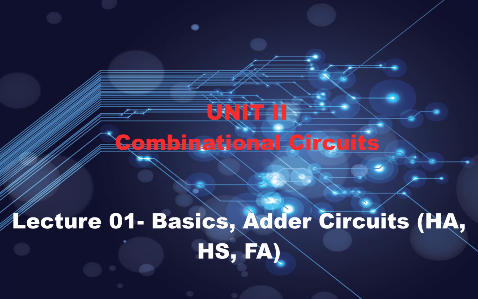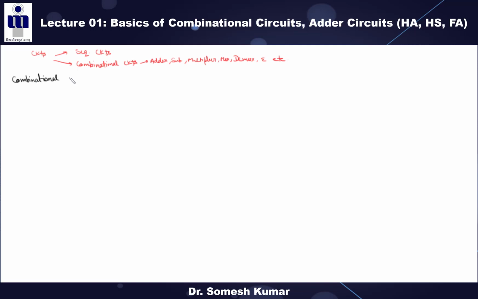First we will discuss all the combinational circuits, then we will go to the sequential circuits. So what combinational circuits will we discuss? First the half adder, half subtractor, full adder, full subtractor. All these are examples of combinational circuits.